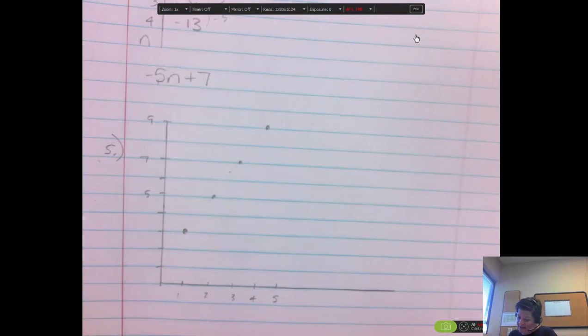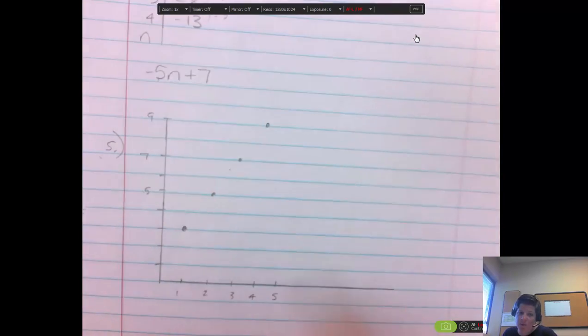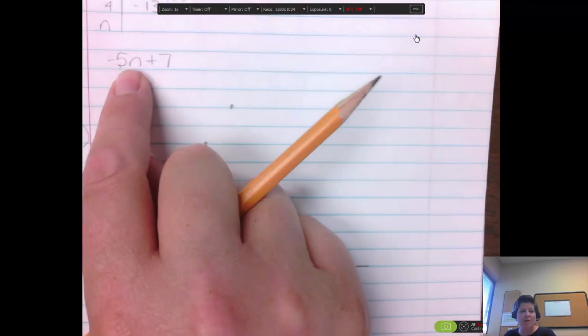Okay, let's look at this. We can take the graph and go to our expression. Let's look. 1 took us to 3, right? So 3 is our output on our first one. The next output would be 5. The next output would be 7. And the last output here would be 9.